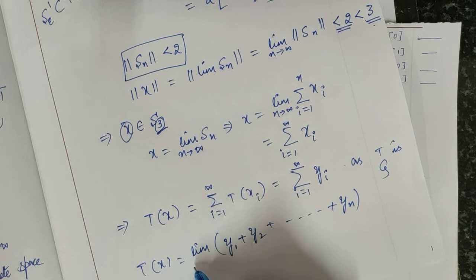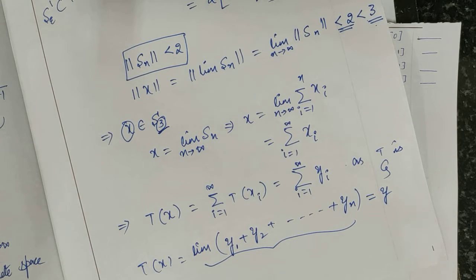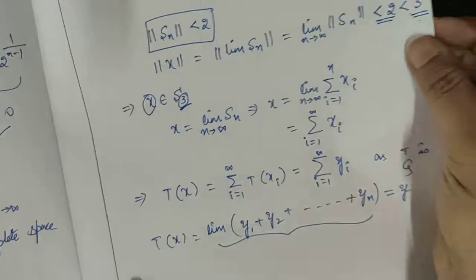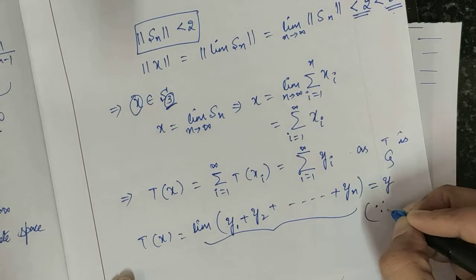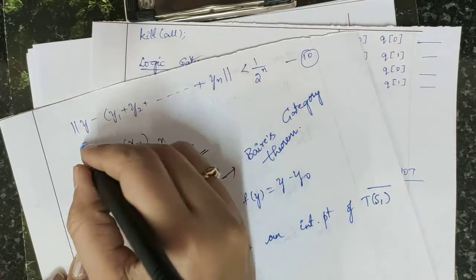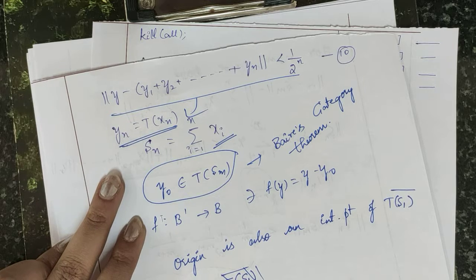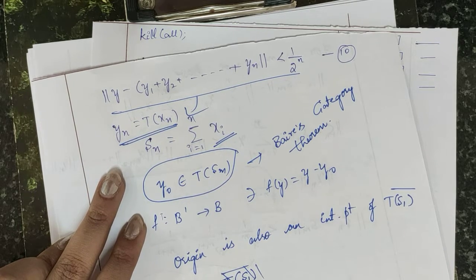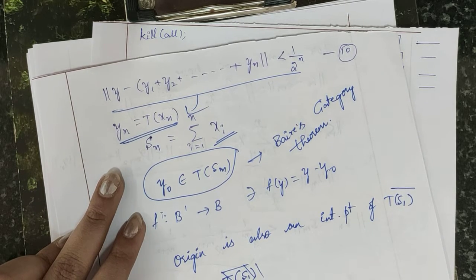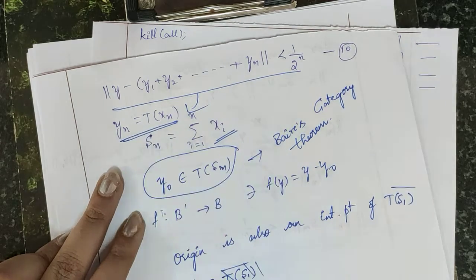Here it is limit n tends to infinity, right? So this whole thing will be equal to y. This is from equation number 10. You can observe here, from this I can say that y1, y2, y3 and so on, limit n tends to infinity y1 plus y2 plus y3 so on up to yn is equal to y.